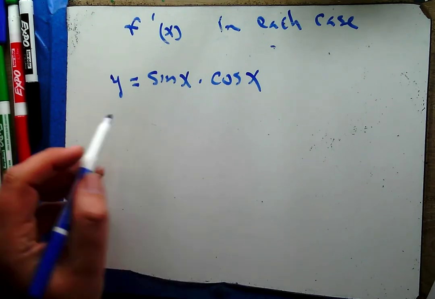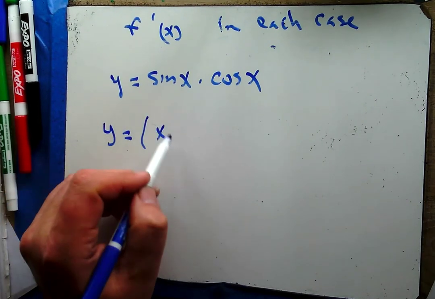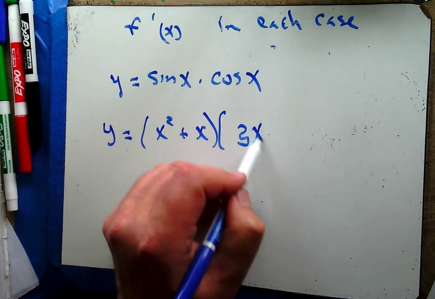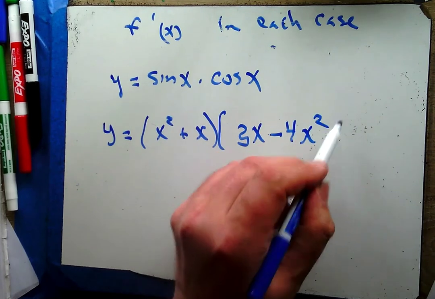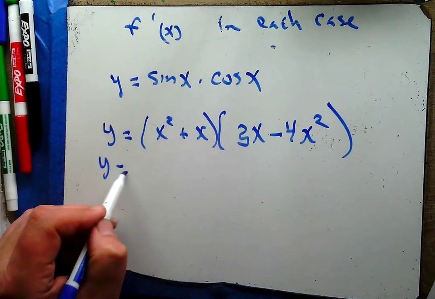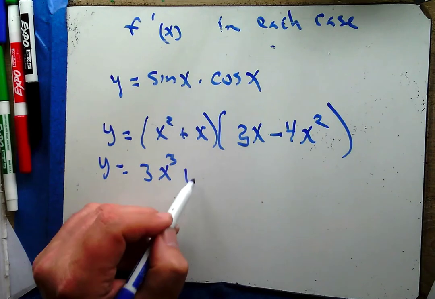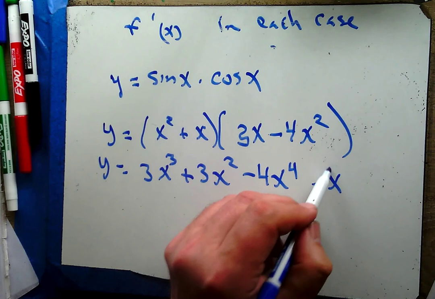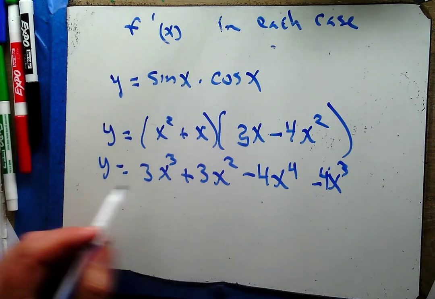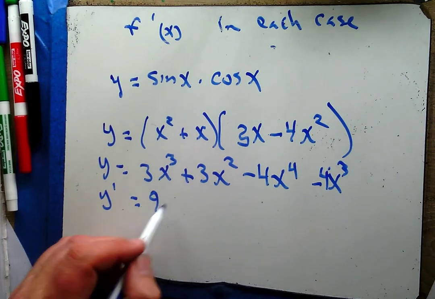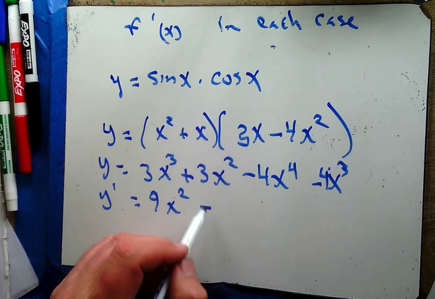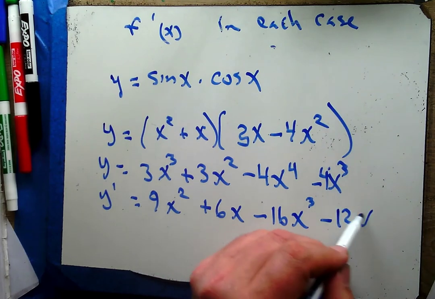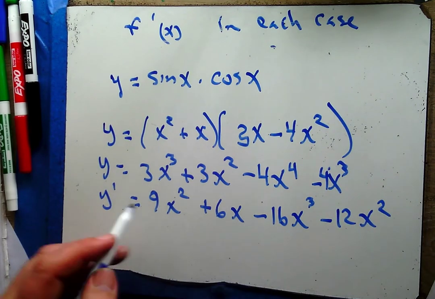Because this idea of when I have y equals x squared plus x times 3x minus 4x squared, and you think, okay, that's going to be 3x to the third plus 3x squared minus 4x to the fourth minus 4x to the third, and then I'll take the derivative of each piece, 9x squared plus 6x minus 16x to the third minus 12x squared, and then maybe combine like terms.